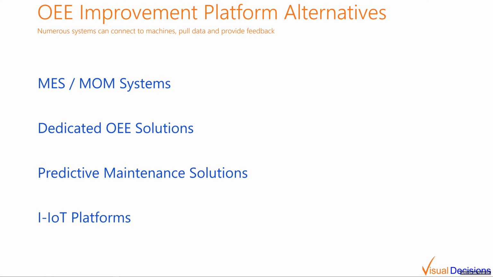And then there are IoT platforms that provide a much more general approach that allow you to connect to a wide variety of different things within your factory and essentially create your own workflows around how you utilize that information. And obviously, given the title of the presentation, that last one is the one that we'll focus on today.